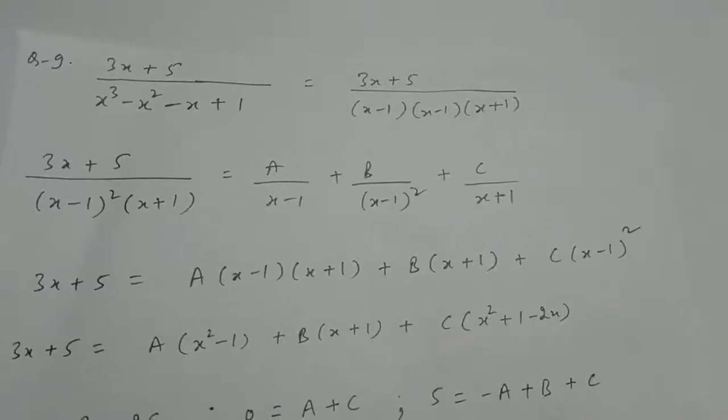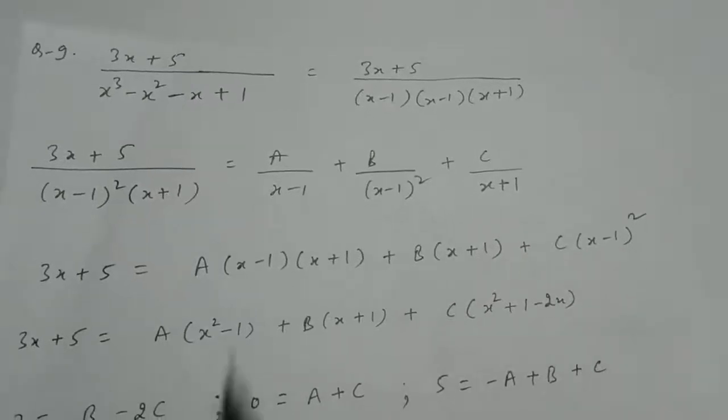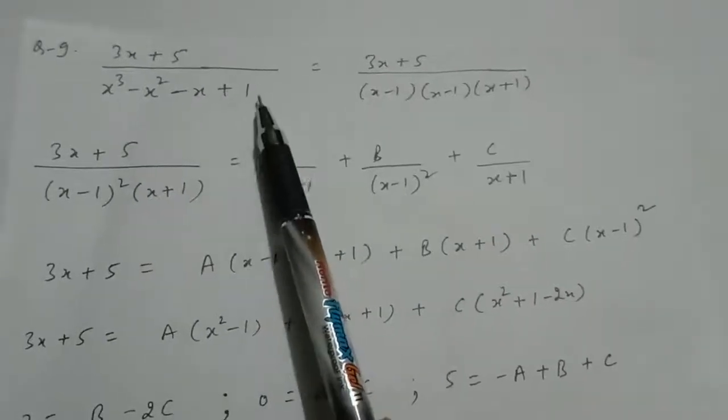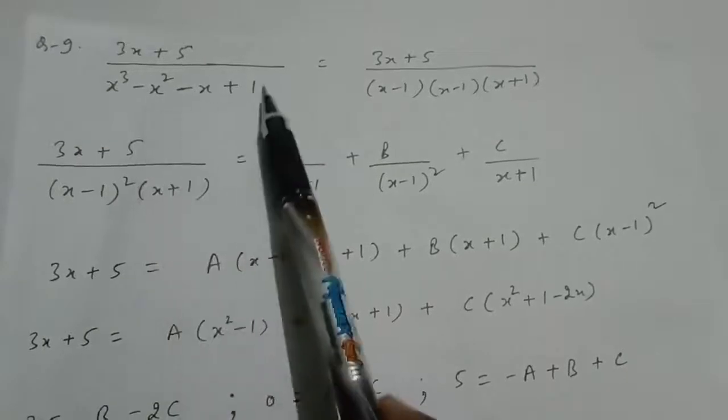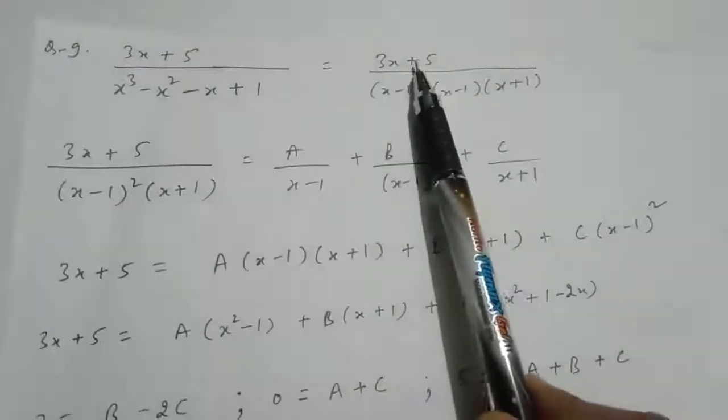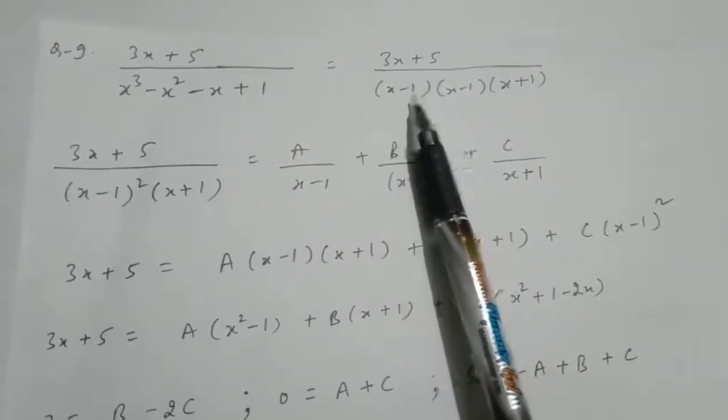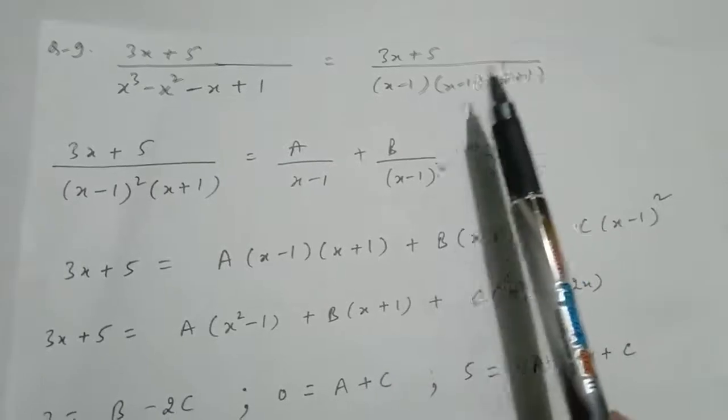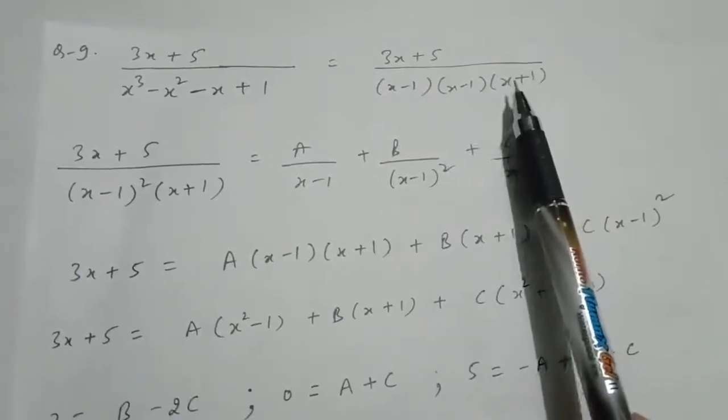Now in question number 9, we have to find the integral of the given function. So first of all, factorize the denominator, then you will get 3x plus 5 upon x minus 1 into x minus 1 into x plus 1.